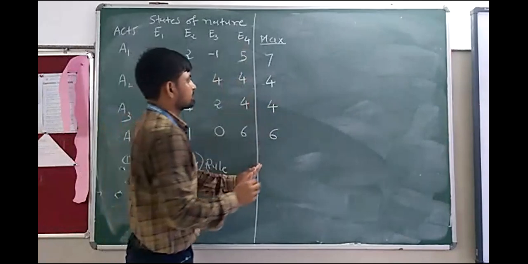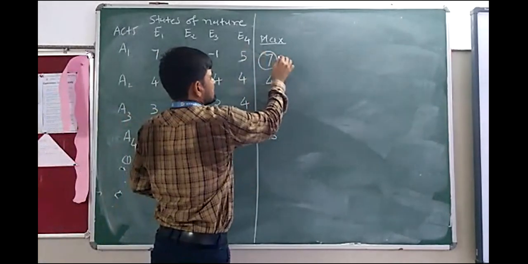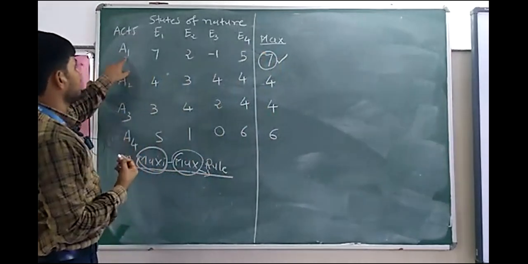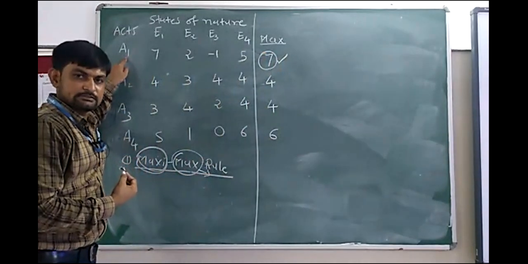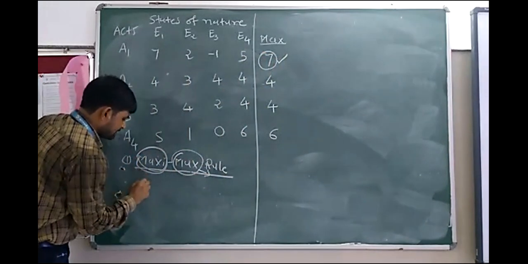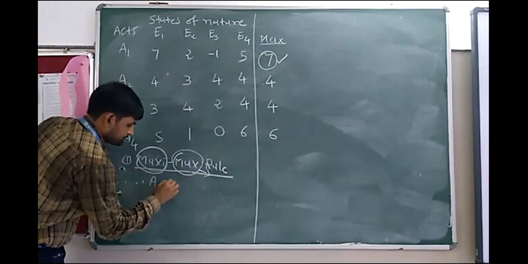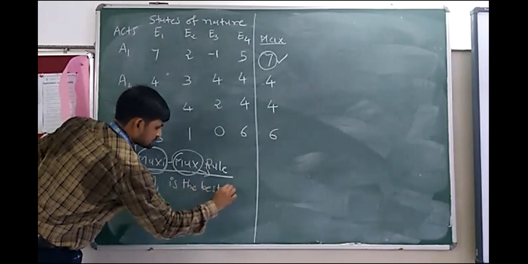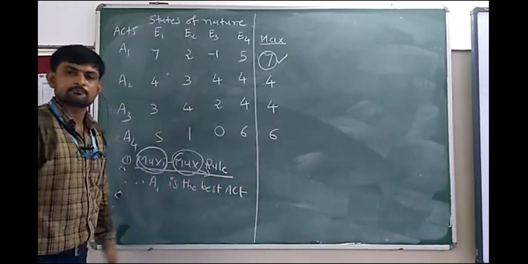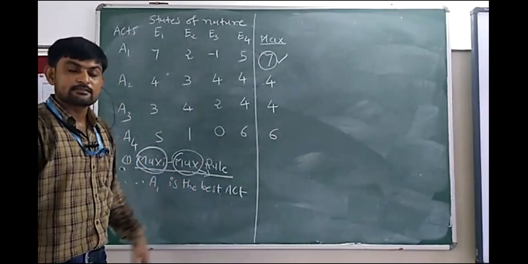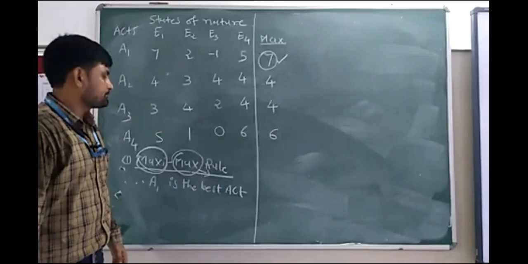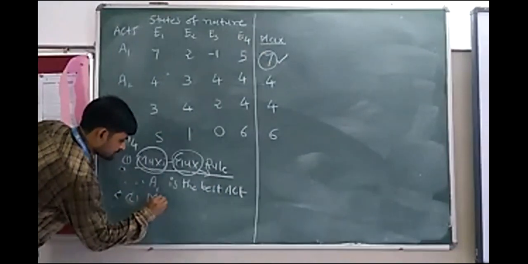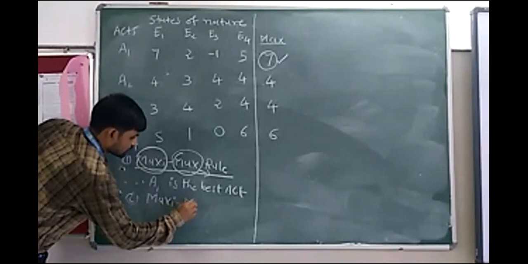So out of these, the maximum payoff is 7. So we can say that A1 is the best act. Therefore, A1 is the best act. Clear? This is a very simple concept. After the Maximax rule, we'll use the Maximin rule.